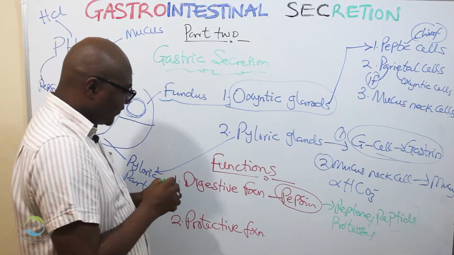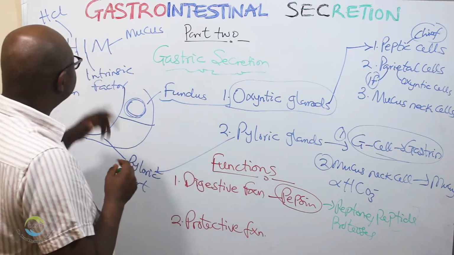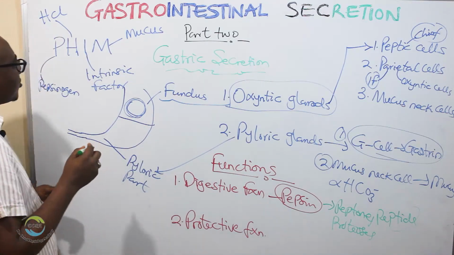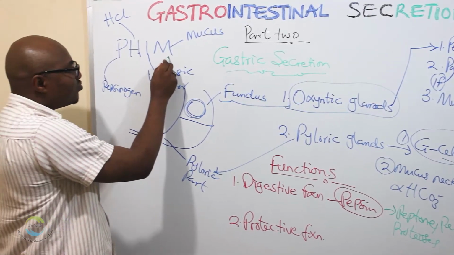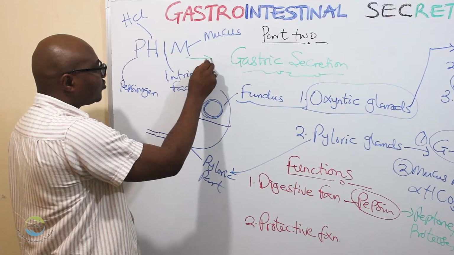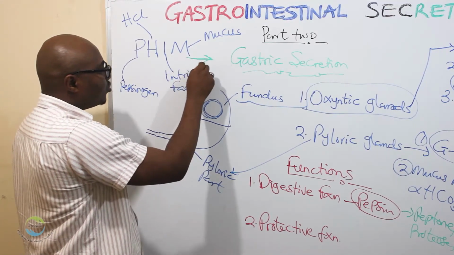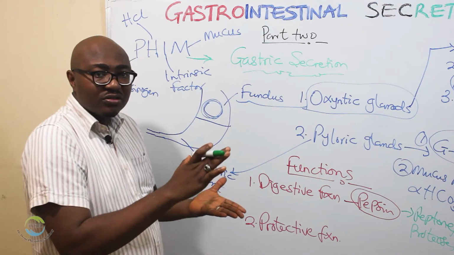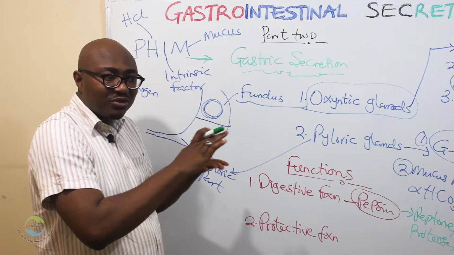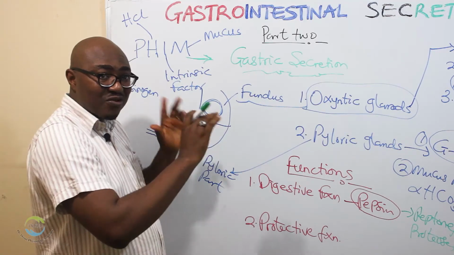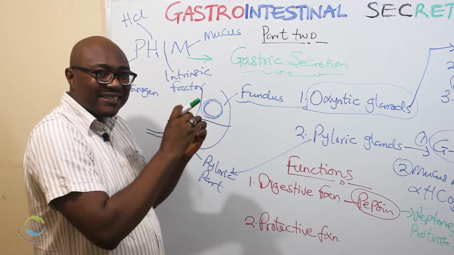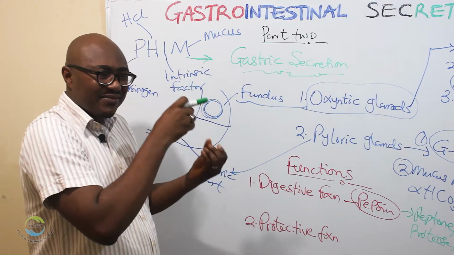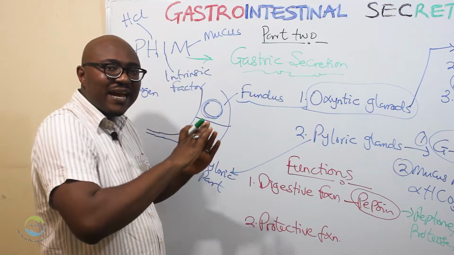Now, the protective function of gastric secretion. It is carried out mainly by mucus. We introduced the term mucus in part 1, and we said that it's made up of mucin, a very thick, slimy substance.